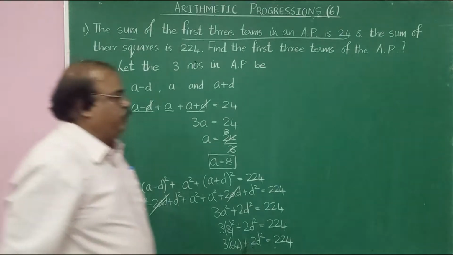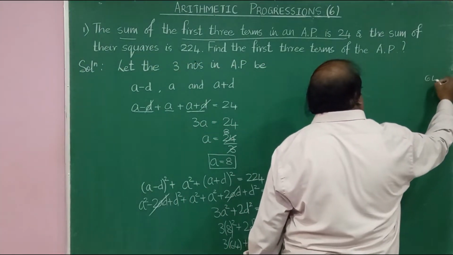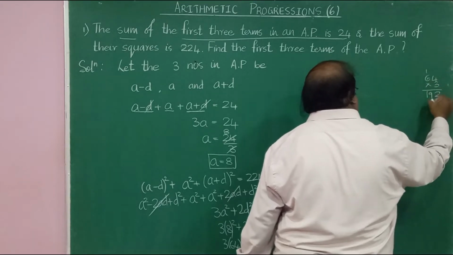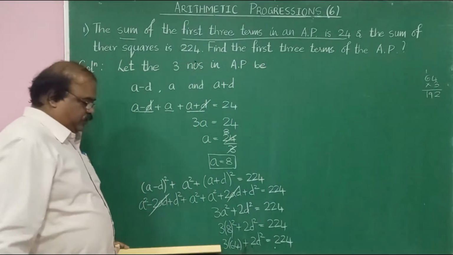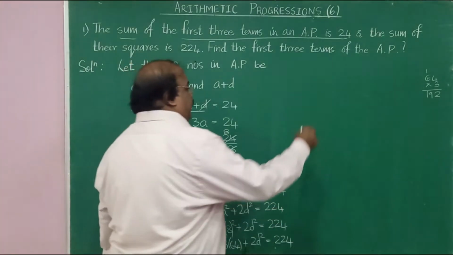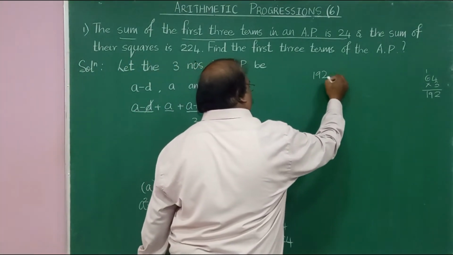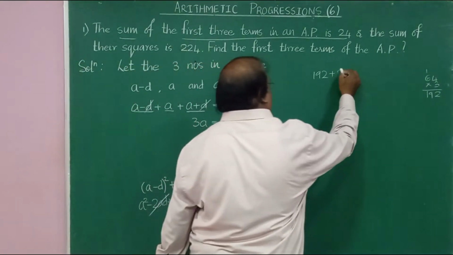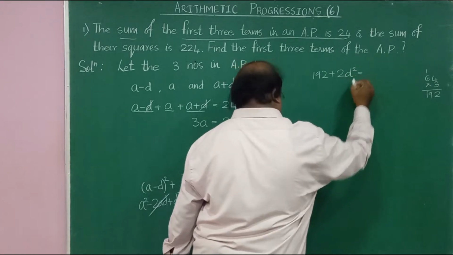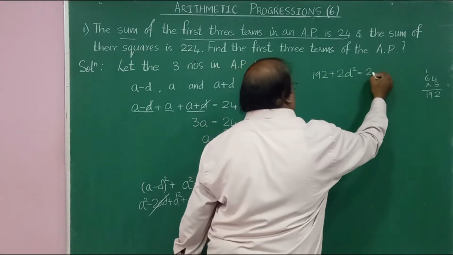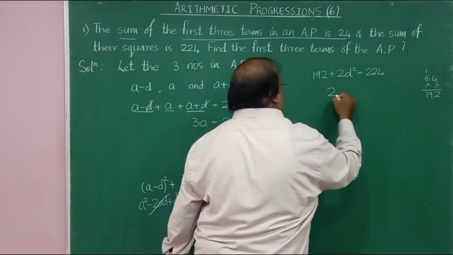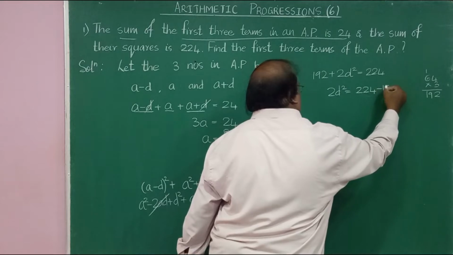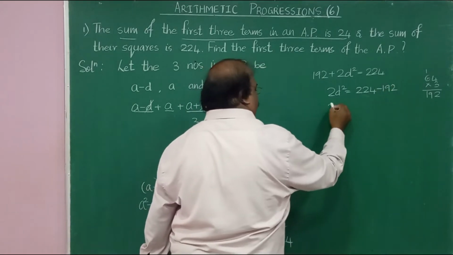Now what is 64 into 3? 3 4s are 12, 3 6s are 18 and 1 is 19. So 64 into 3 is 192. So I get now 192 plus 2D squared is equal to 224. So you get 2D squared is 224 minus 192.